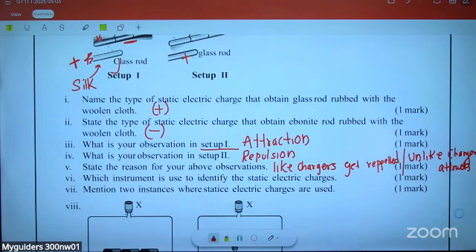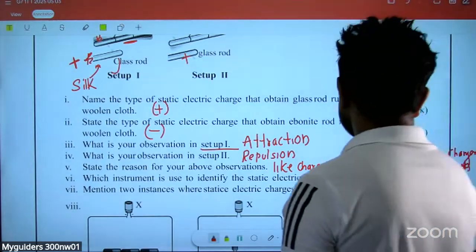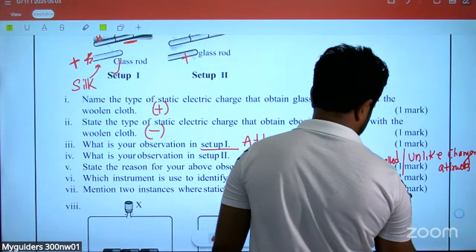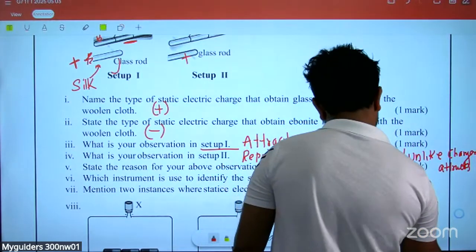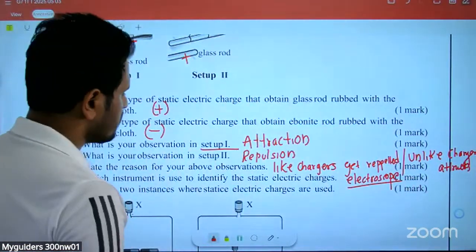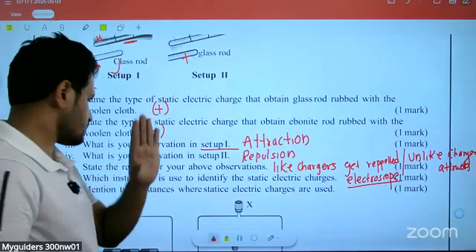What's the name? Gold leaf electroscope. The gold leaf electroscope is the device which we use in order to identify the presence of static electric charges.